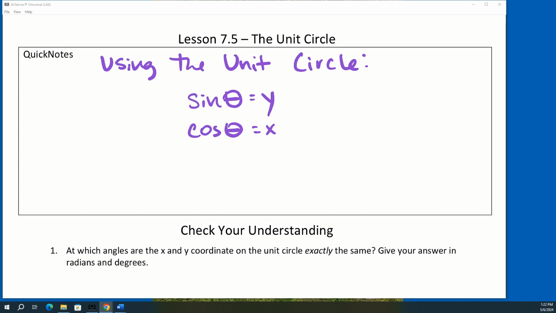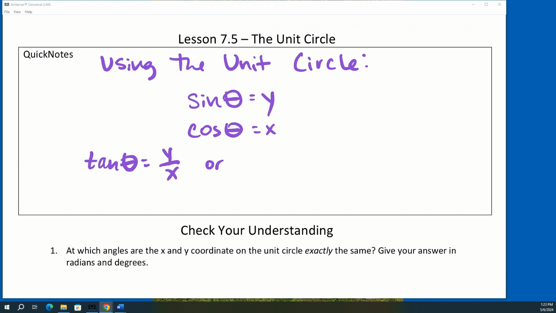Now, tangent is not as simple. For the tangent, you're going to do y over x, but most of the time those x's and y's are fractions. And a fraction over fraction can get kind of confusing.